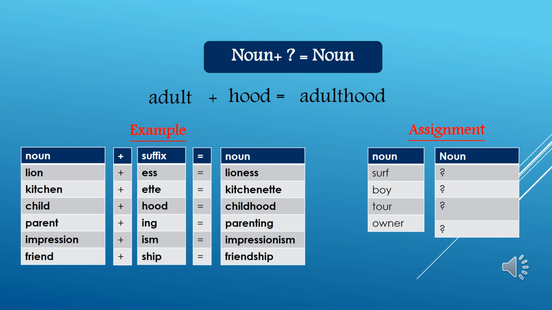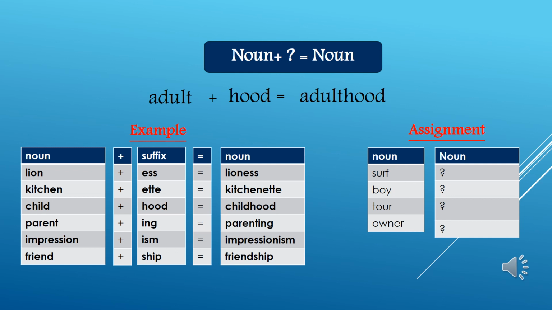Ing is also sometimes used as a suffix and it creates nouns sometimes. Impression. Impression plus ism, impressionism. Impression was a noun and impressionism is also a noun. Can you tell me how you can form a verb from impression?